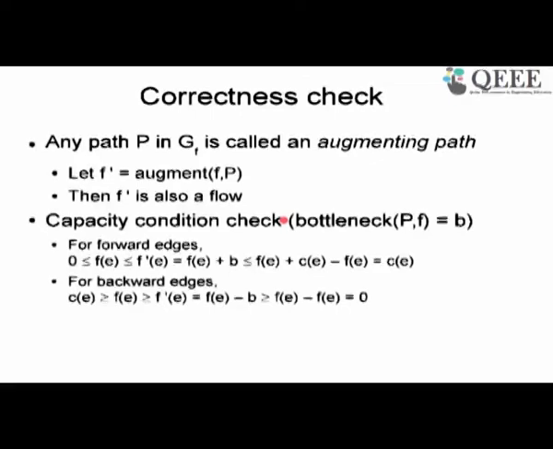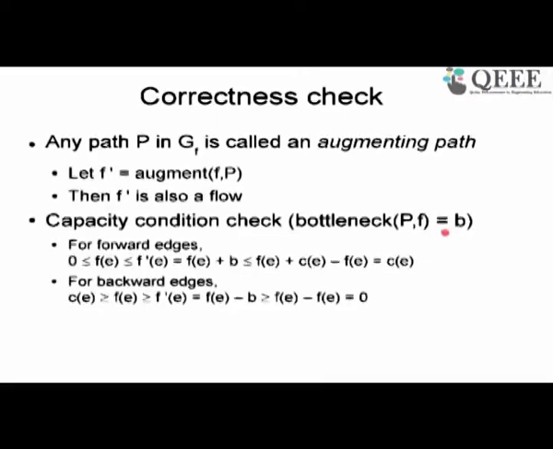Capacity condition means that none of the edges of the original graph has its capacity exceeded because of augmentation. Second, I have to show the conservation condition. I have not augmented the flow in such a way that there are any nodes where the incoming and outgoing flows are not equal. Okay, that has not happened. So I have to show this. It's not difficult to show it.